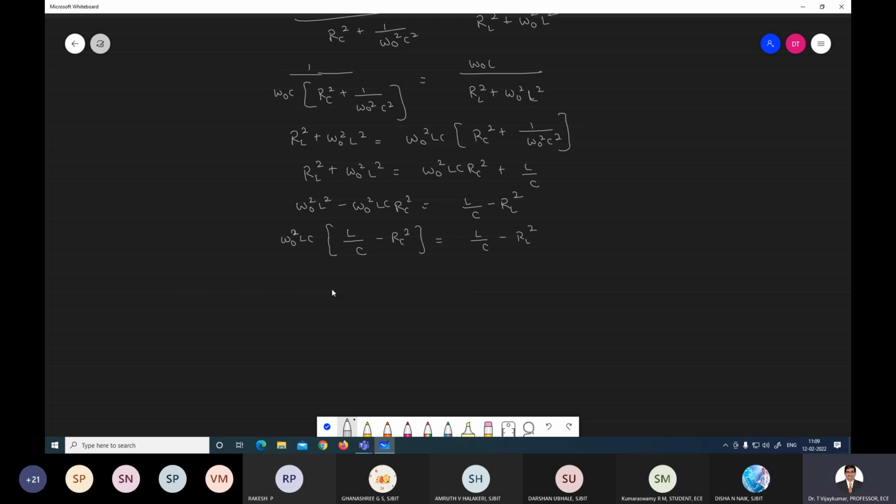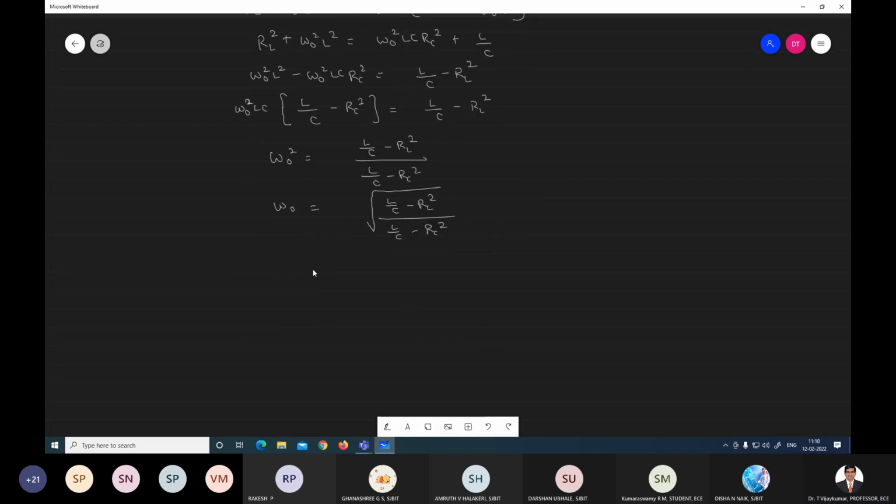So then omega naught square is equal to L by C minus RL square divided by L by C minus Rc square. Then omega naught is equal to the square root of L by C minus RL square divided by L by C minus Rc square.